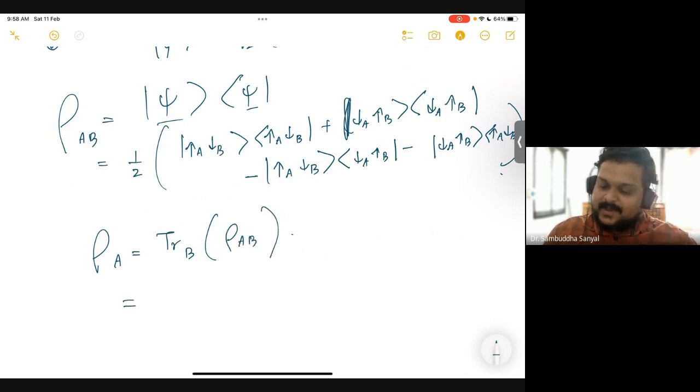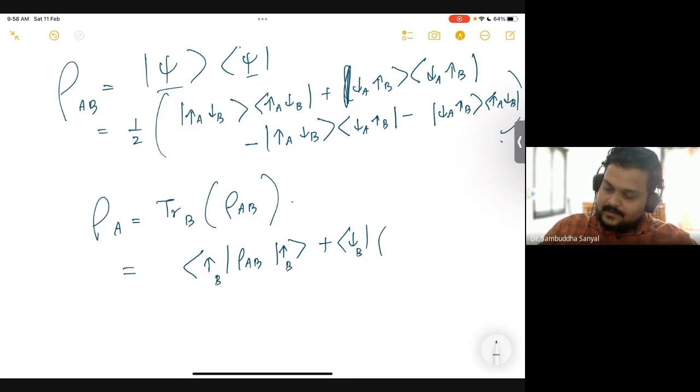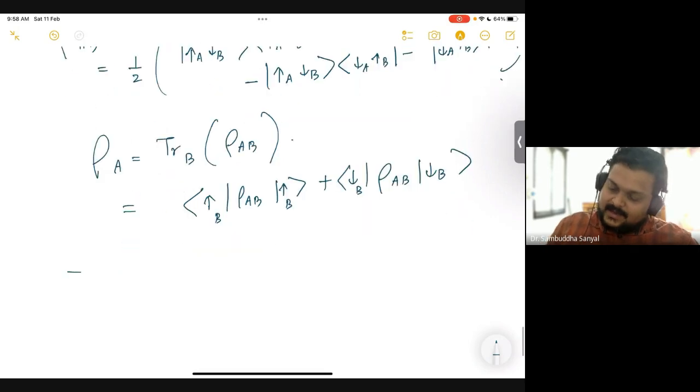So what is the meaning of taking trace over B? The meaning of taking trace over B is doing this: up B, rho AB, up B, plus down B, rho AB, down B. So that means I should get this.